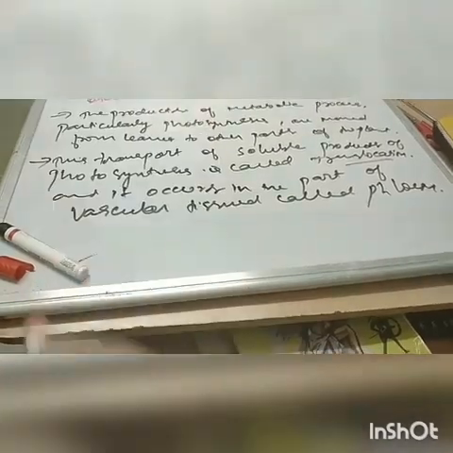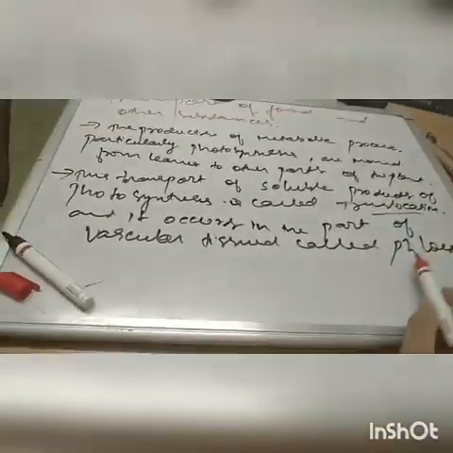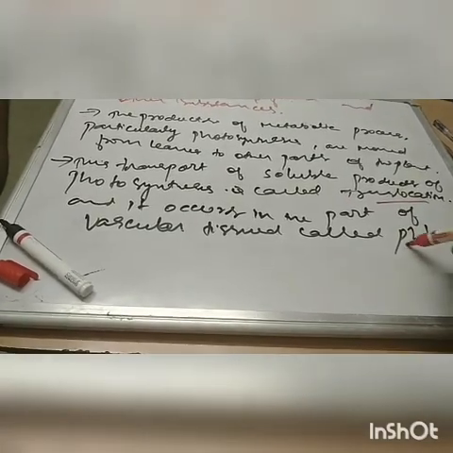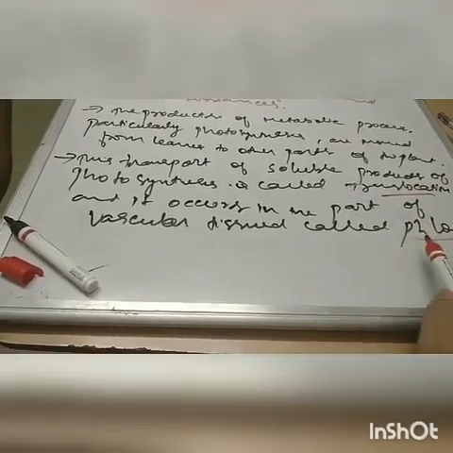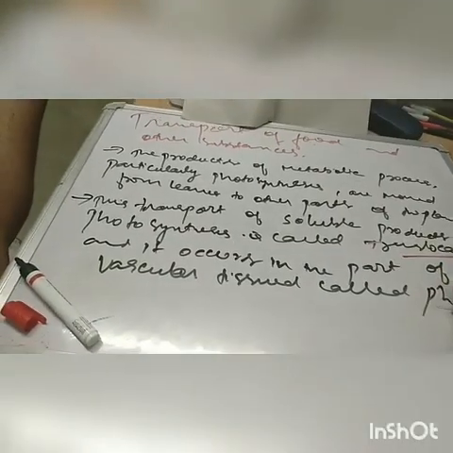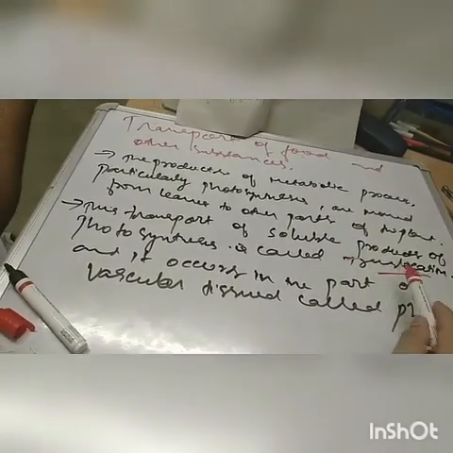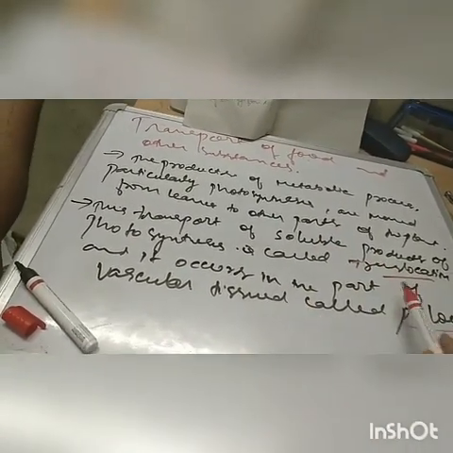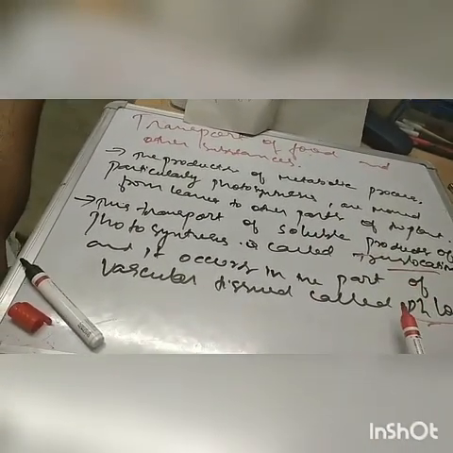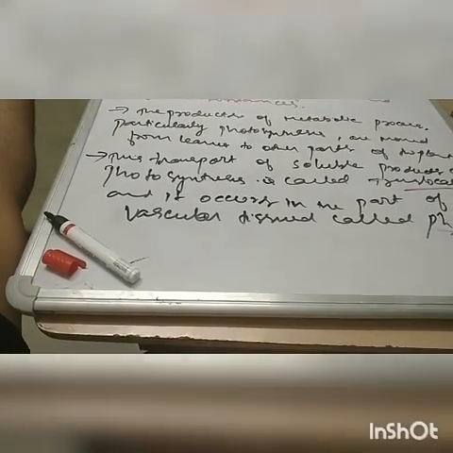Here, in case of transport of food, a process called translocation is there, and phloem. In the transport of food and other substances, translocation and phloem are very important. Translocation means transport of soluble products, and it occurs in the phloem. Don't be confused.